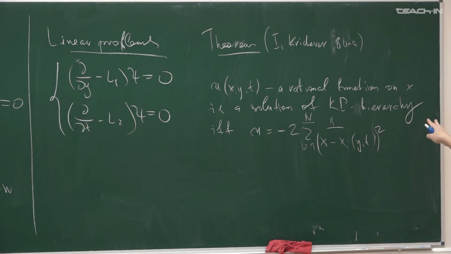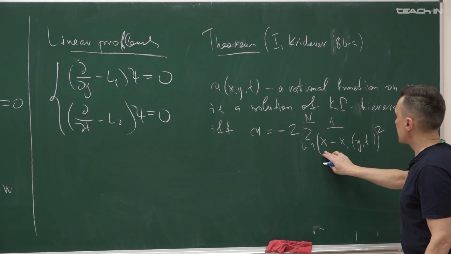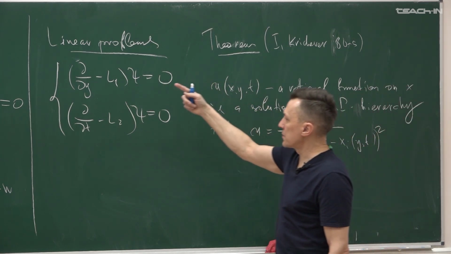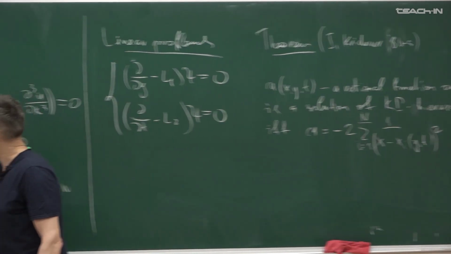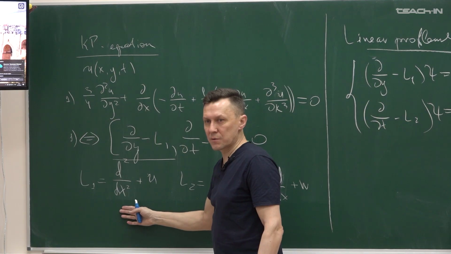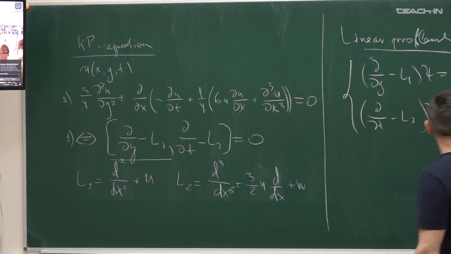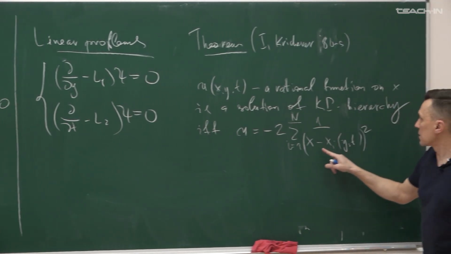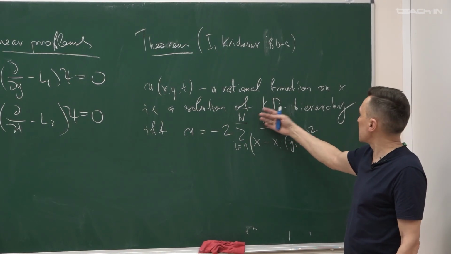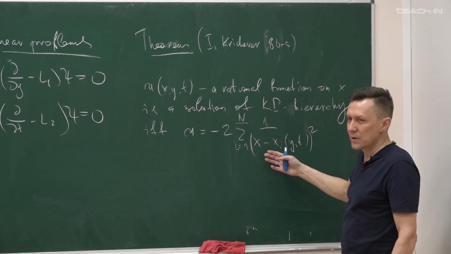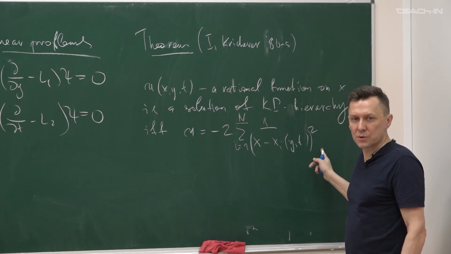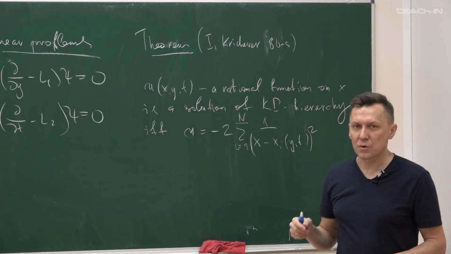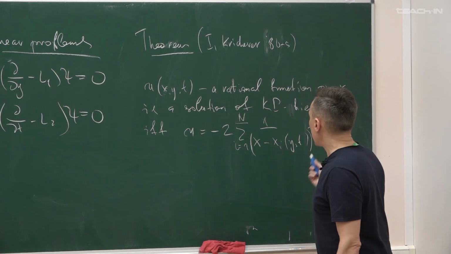So it's a rational function on x, but the form of this equation, the fact that we have here the Schrödinger equation in the variable x, means that if it's rational in x, it should have poles of second order. It is prescribed by the form of this differential equation.